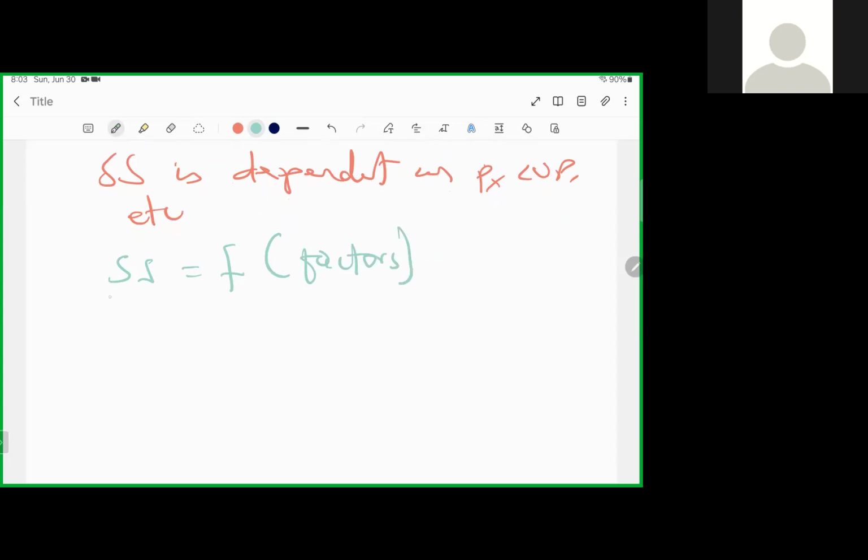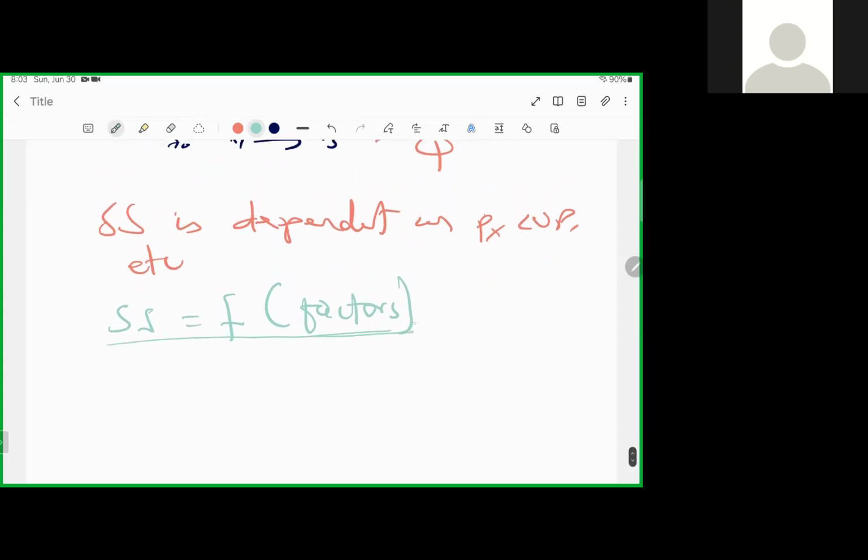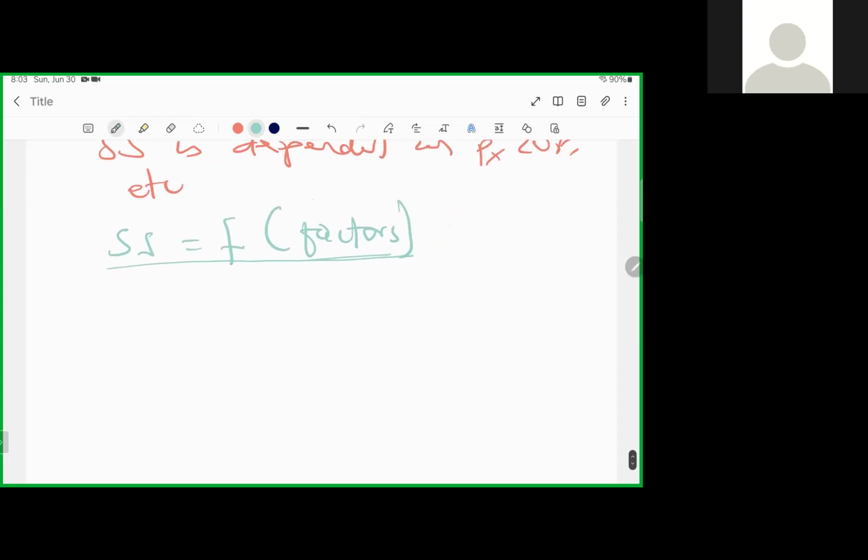So it means that supply is influenced by these factors, or supply is dependent on these factors.